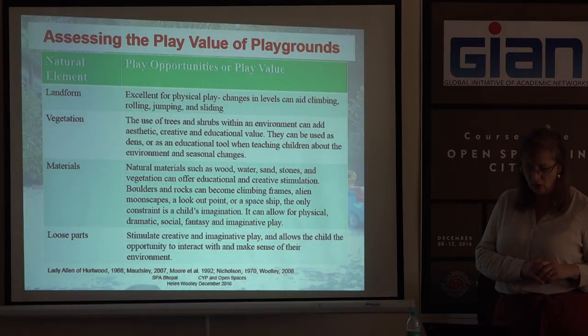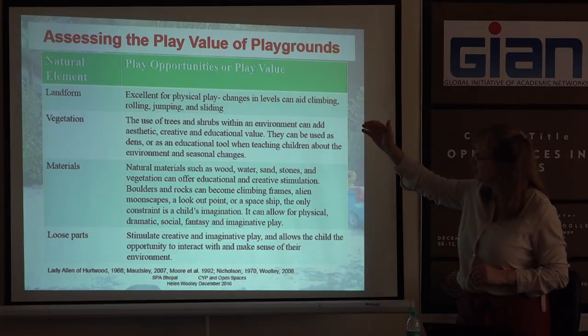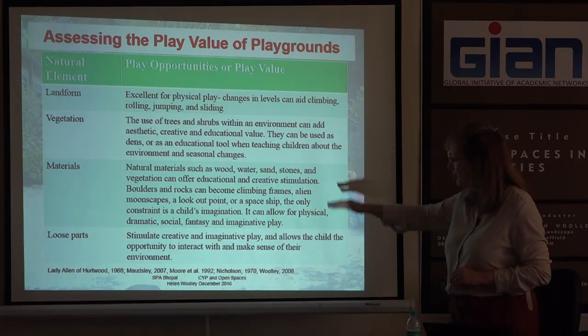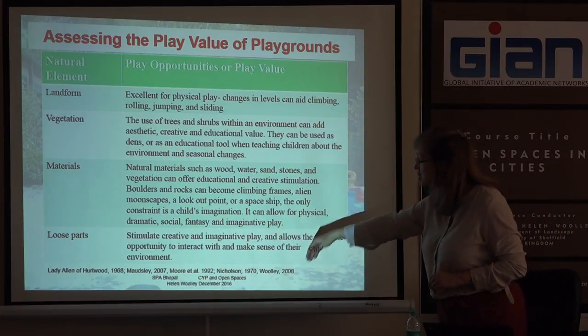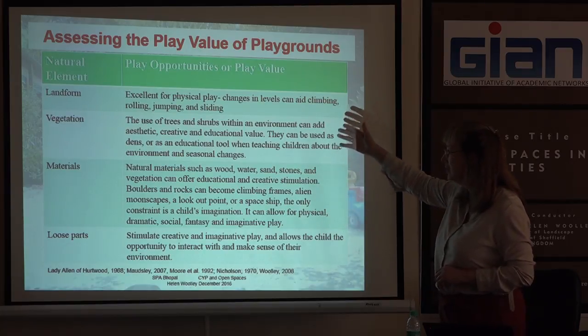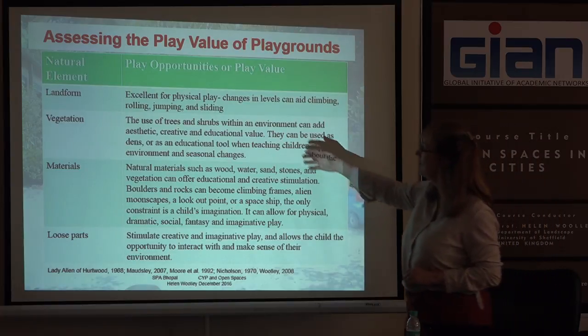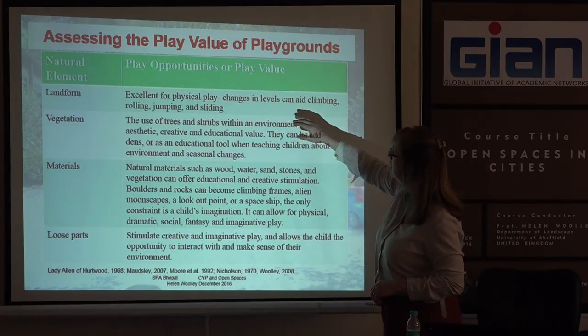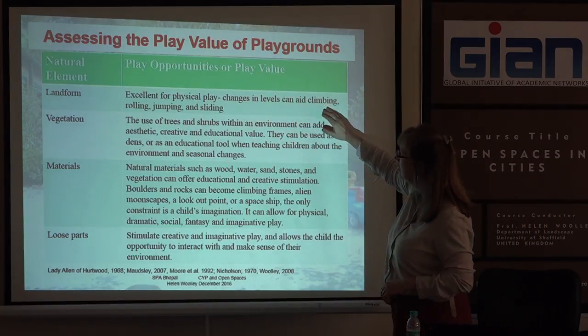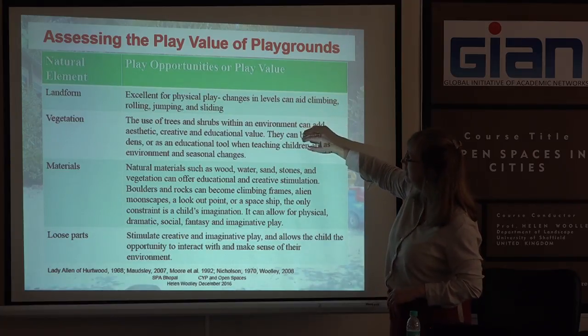So we looked at the different elements: landform, vegetation, materials, loose parts, and a range of literature. This has explained why these are important for children's play and what they offer. Landform is good for play: changes in level allow climbing, rolling, jumping, sliding.